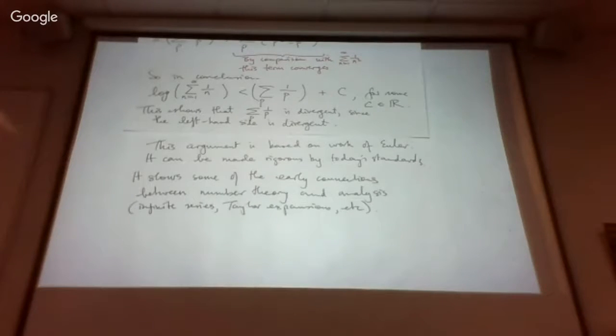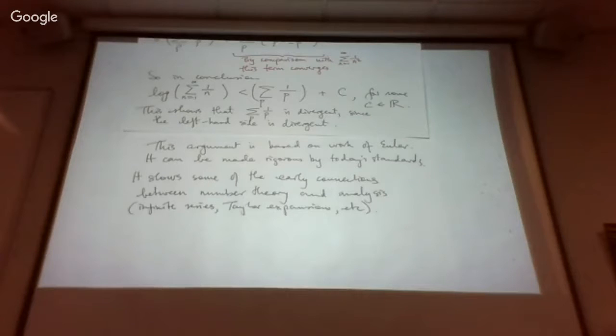This is Apostol's book, which some of the material in this unit is based on. Analytic number theory is where you take these ideas and apply them to their maximum. You use lots of analytic tools, chiefly complex analytic tools.